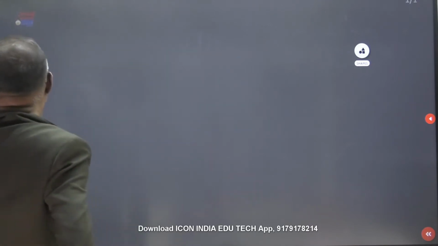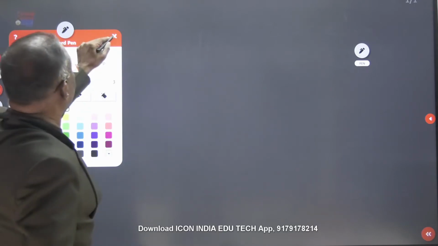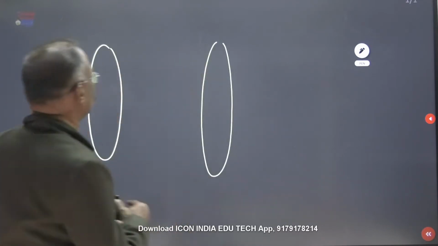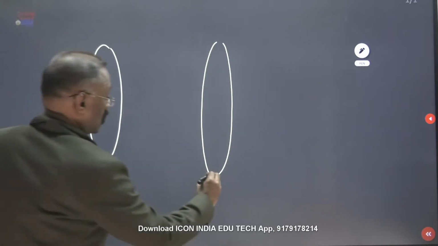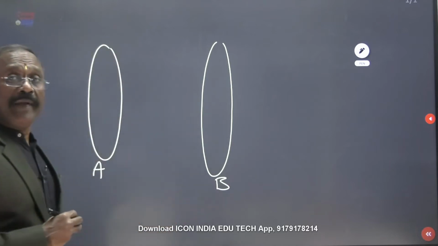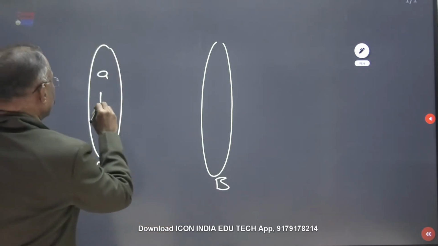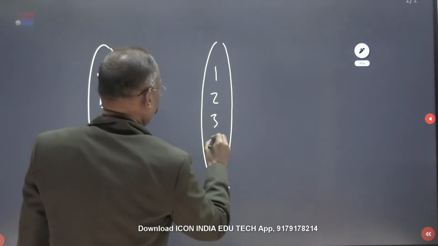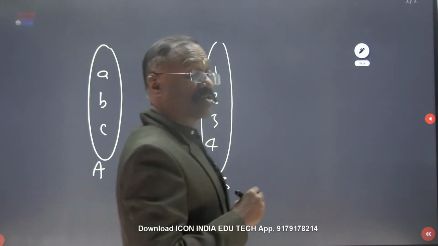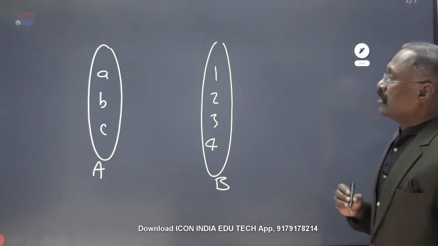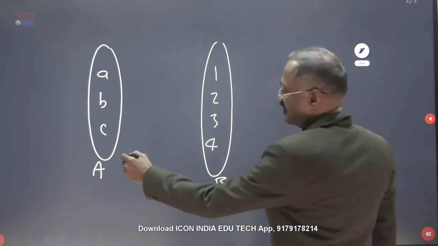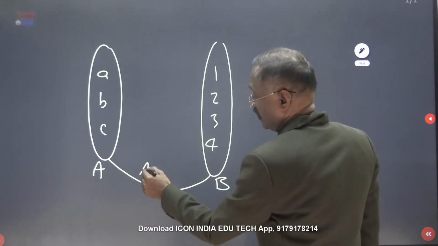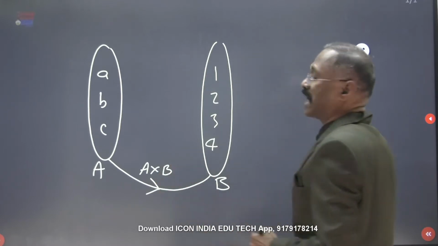Let us have a Venn diagram for the elements of the set A and another oval shape for set B. Now I have a, b, c as three elements in set A, and 1, 2, 3, 4, let me say, as the elements of set B. Then if I associate set A to set B, where every element of set A is associated with every element of set B, we denote this with A cross B, and it is known as the Cartesian product.